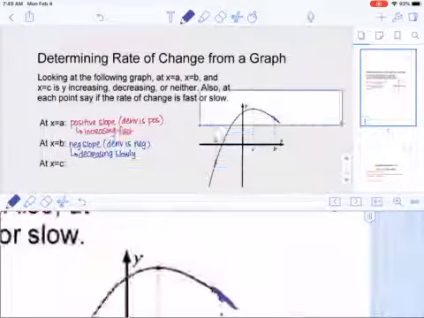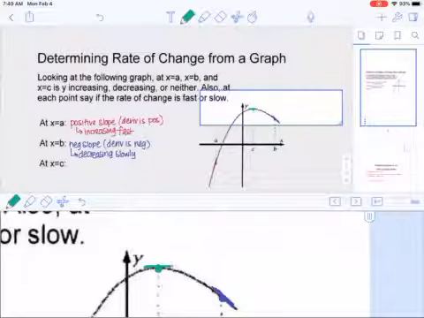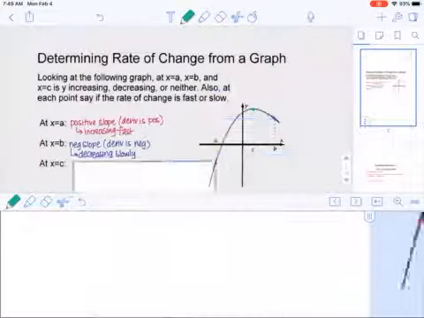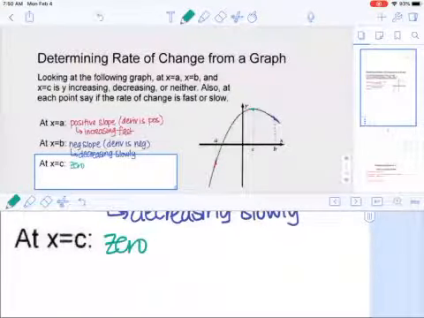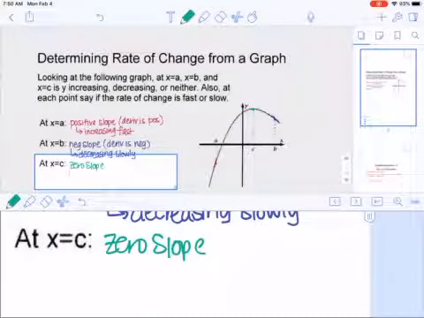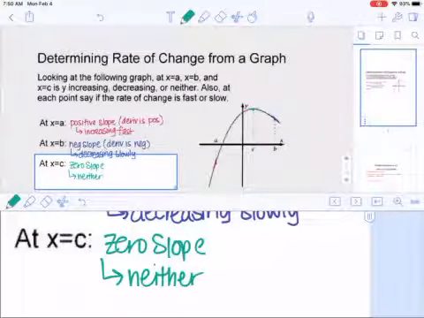Okay. And then finally at C, up top, if I draw in the slope, boy, that doesn't really look like it has any sign at all. So I would say this is a situation where the slope is 0, which means it is neither increasing nor decreasing.